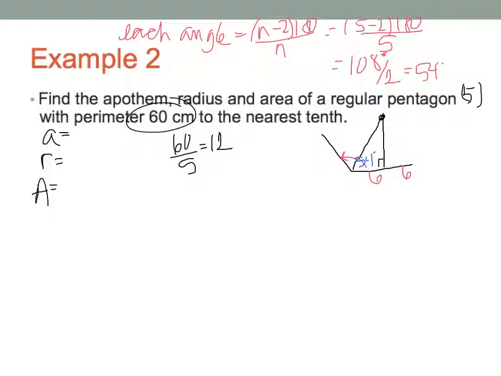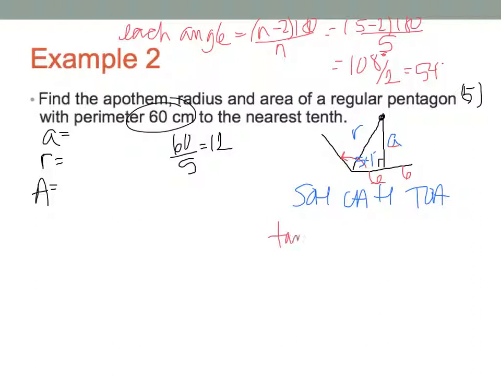Let's find my apothem and then my radius. Okay, using SOHCAHTOA, I'm standing at 54. The apothem is my opposite, the radius is my hypotenuse, and the 6 is the adjacent. So I need to use the 6 somewhere because that's my given information. So to find A, I'm going to be using opposite, that's opposite of 54, over adjacent, and so that's tangent.